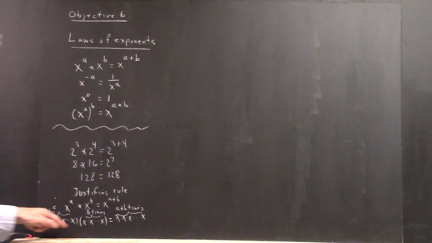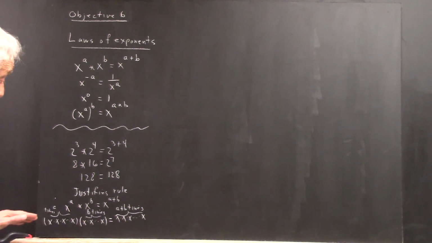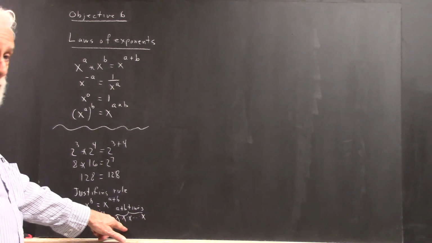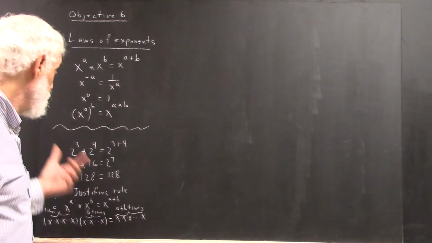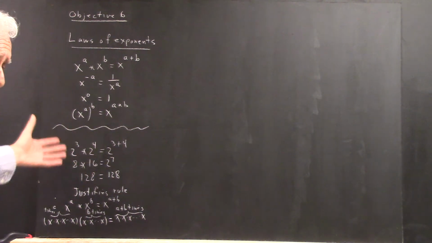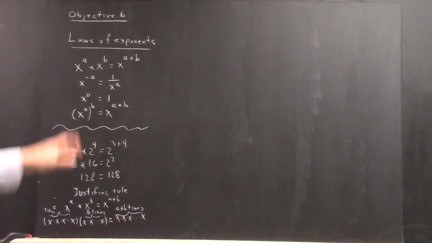If you've got a of them here and b of them here, then on this side you've got a plus b of them, and over on this side that's exactly what you've got, so it has to be equal. So this law, this rule for exponents, always has to work, at least for positive numbers.